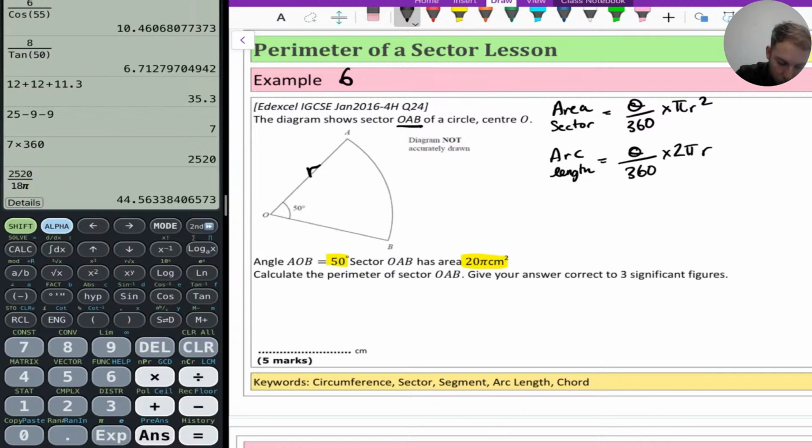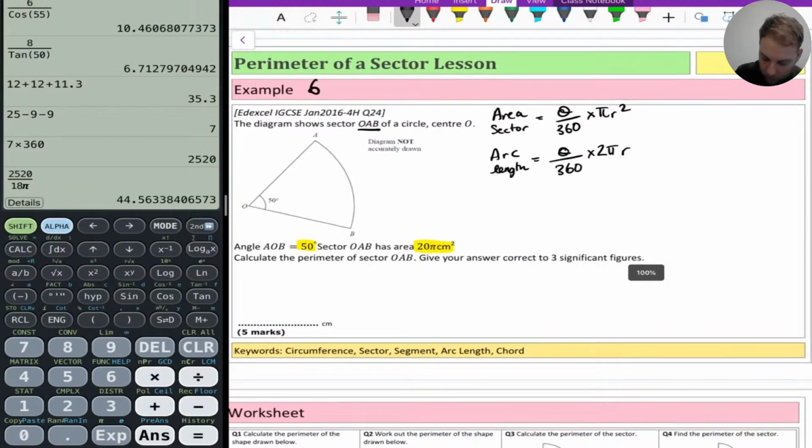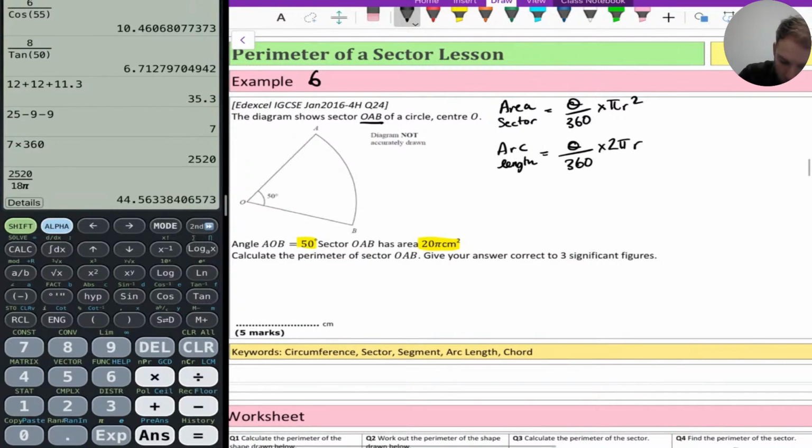So the first thing I need to do is to work out what my radius is, working backwards. So I'm going to use the formula for the area first, and I'm going to sub in the two things I know: theta is equal to 50, and my area is equal to 20 pi.